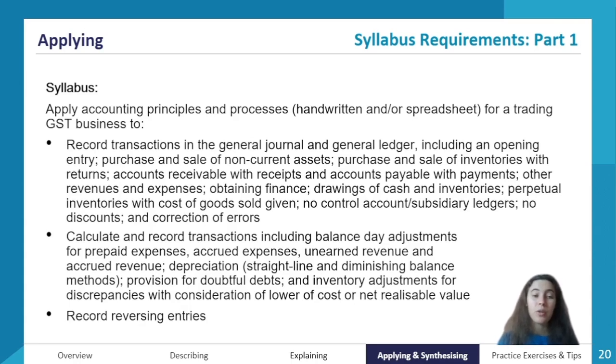You need to be able to record transactions in the general journal, and it's really handy here how the syllabus tells you exactly what you need to be able to do. So opening entries, purchasing and selling non-current assets, all different things here that you need to be able to do. So I recommend that you get this written down somewhere, take a copy and use this as part of your study preparation.